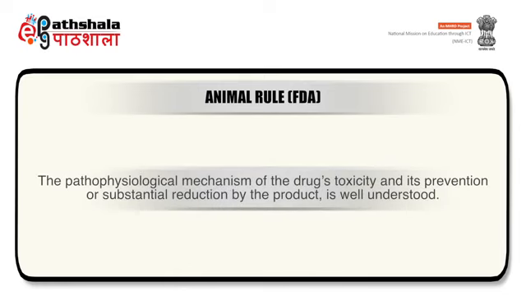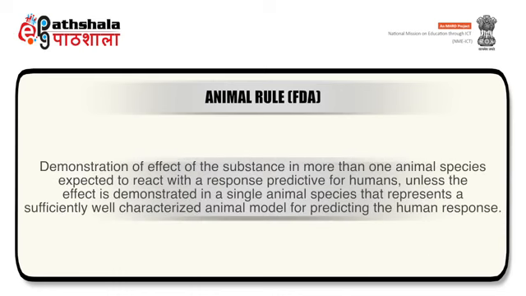First, the pathophysiological mechanism of the toxicity and its prevention or substantial reduction by the product is well understood. Second, the effect of the substance is demonstrated in more than one animal species expected to react with a response predictive for humans, unless the effect is demonstrated in a single animal species that represents a sufficiently well-characterized animal model for predicting the human response.